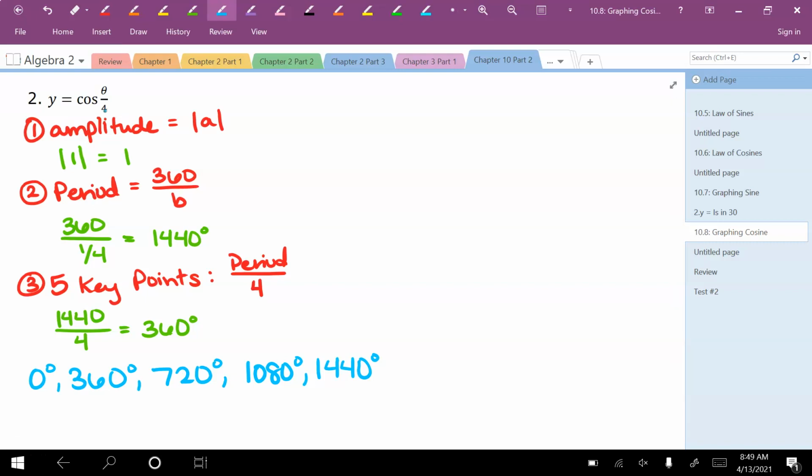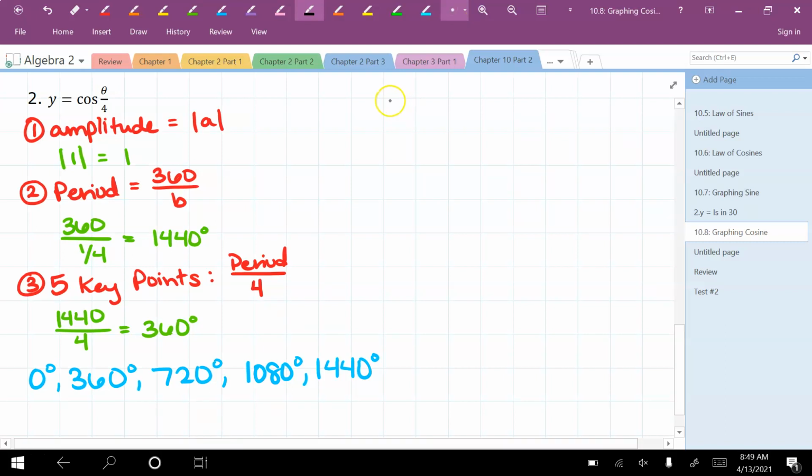And then for the 5 key points, I take that 1440 divided by 4. So the interval is 360 degrees. So I start at 0, and I go up 360 at a time until I get to that 1440. So now I'm going to go ahead and graph. And I think the graph that I have works because it's got all those numbers that I have written out for my 5 key points.